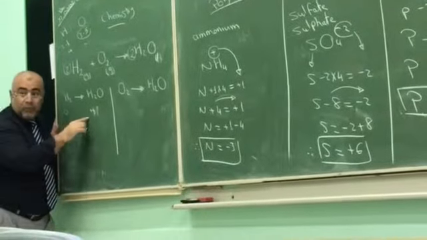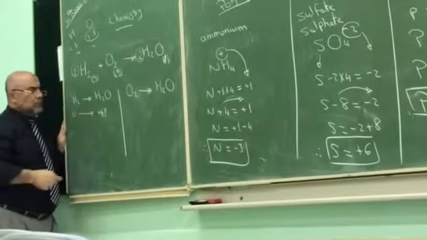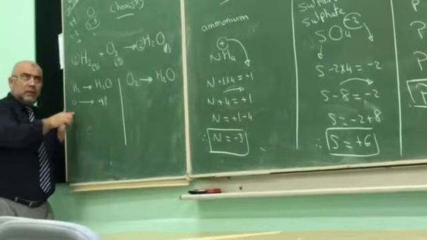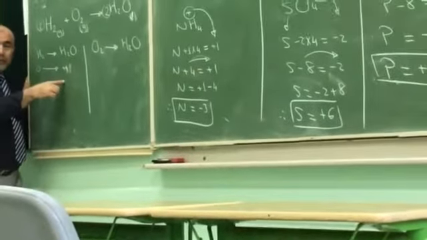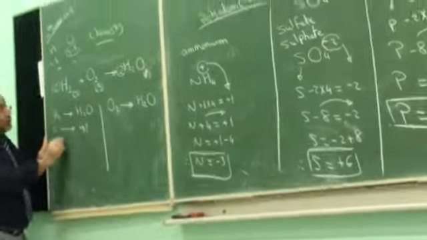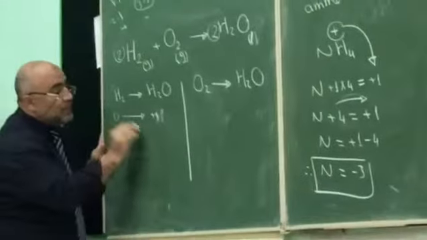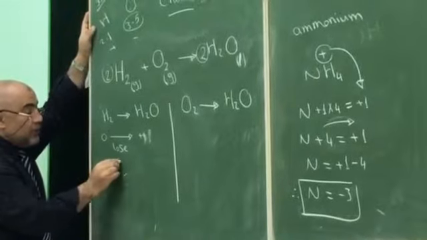Now, hydrogen here is +1. 0 converts to +1. How? From neutral to +1, so in this case it loses electrons, right? Losing electrons means oxidation process.